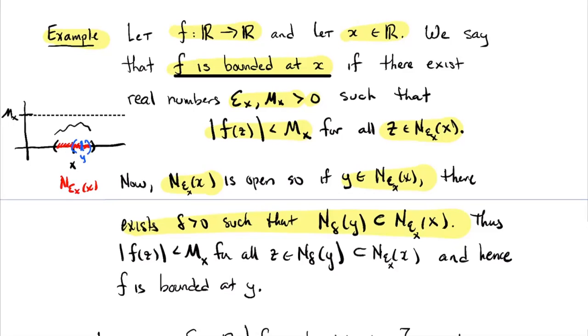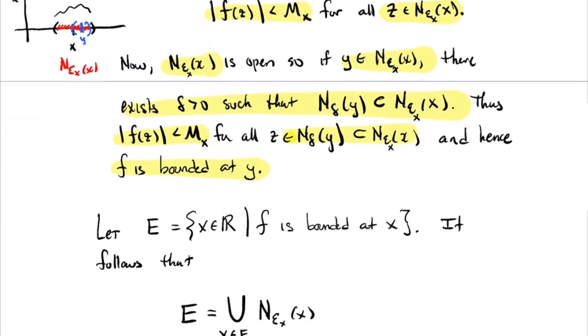So in particular, the function is bounded by the same bound, m sub x, on that entire delta neighborhood. The delta neighborhood is a subset of the epsilon neighborhood, right? So f is also bounded at y. So saying it one more time, if you have a function bounded at x, then that function is bounded at y for all y in the epsilon neighborhood of x. Okay?